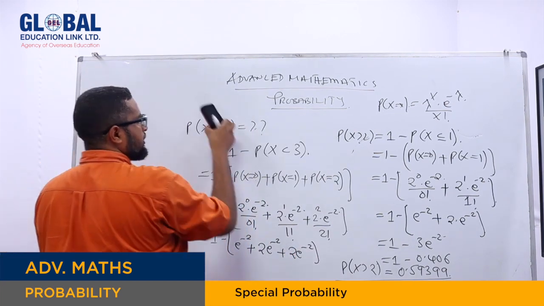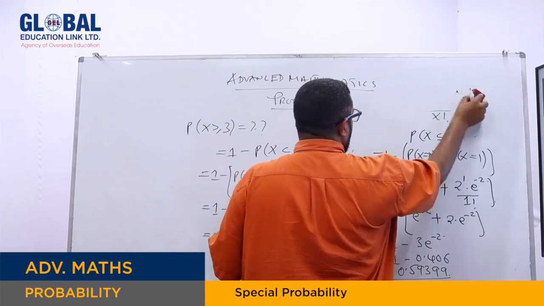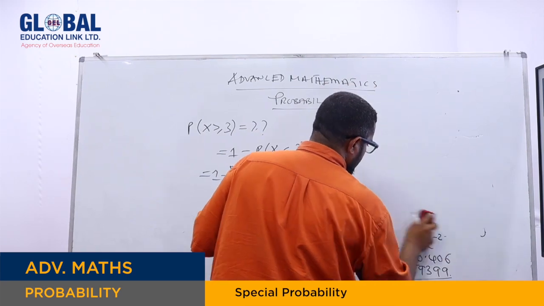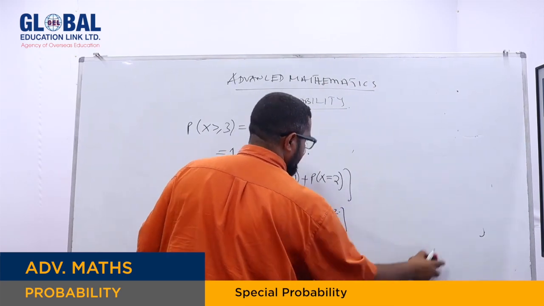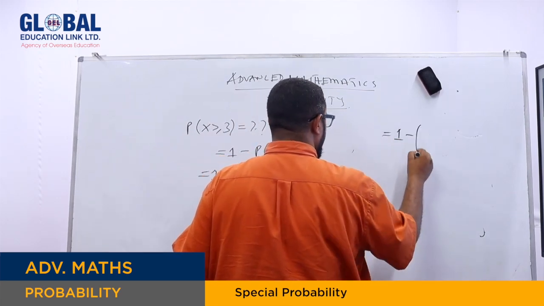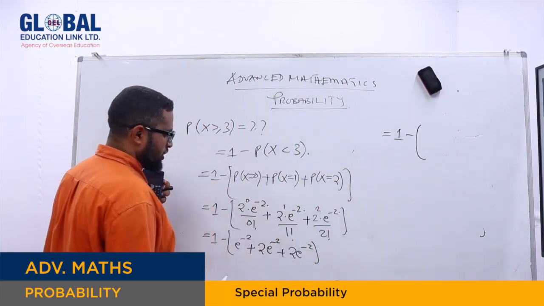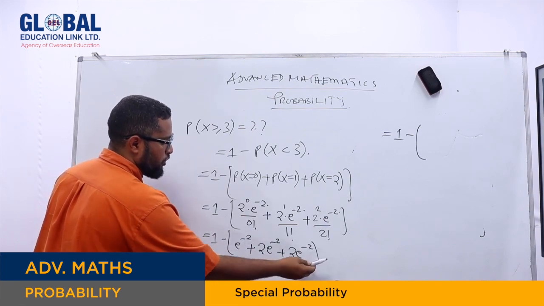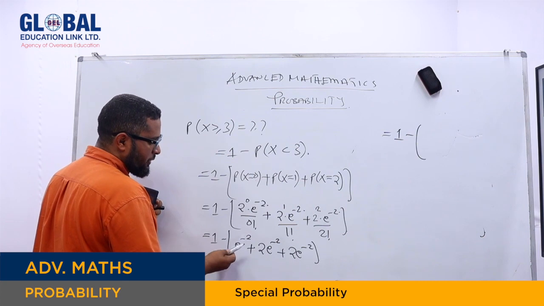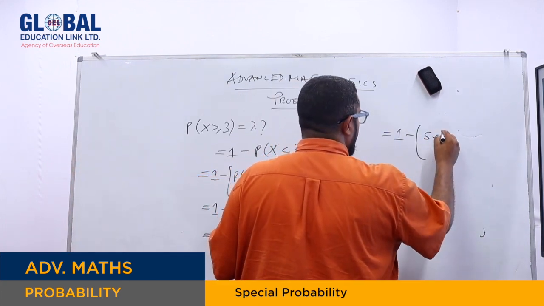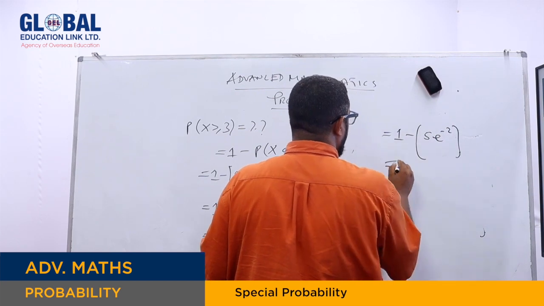Then keep on simplifying, and you're about to finish the question. So we have 1 minus, if you check here, e power negative 2, 2e power negative 2 and 2e power negative 2, all have the same factor. So adding 1 plus 2 plus 2, we get 5e to the power of negative 2.